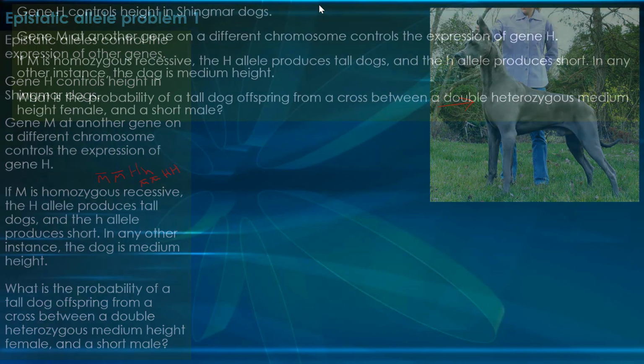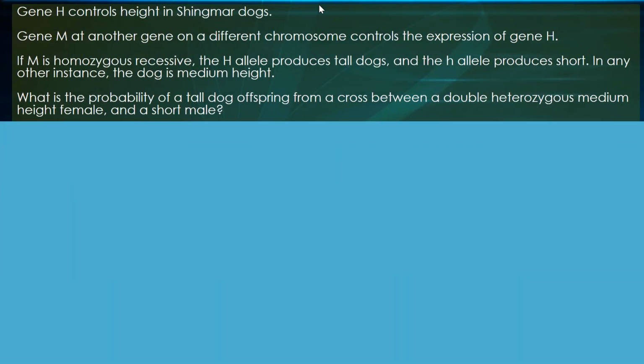Let's take a look at it. We've got the problem up here. Let's write out our alleles. All right, we have got height, one of our alleles or trait, big H, and we've got a control.